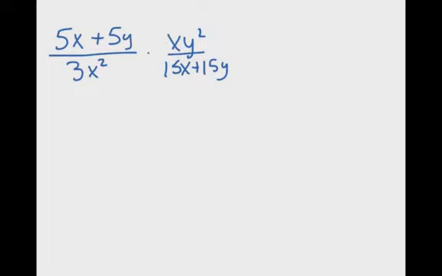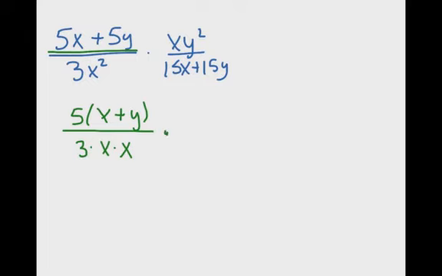Alright, so first thing we're going to do is we're going to look for a greatest common factor or see if we can factor our polynomial. Up on the top here, I notice that both terms have a 5 in it, so 5 is our greatest common factor, and we are left with an x plus y. On the bottom, we are left with 3 times x times x.